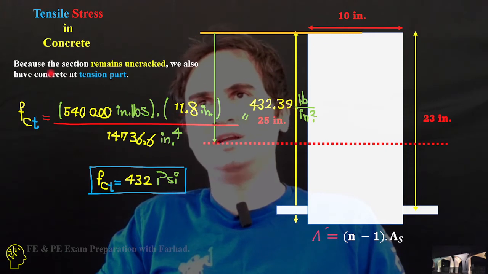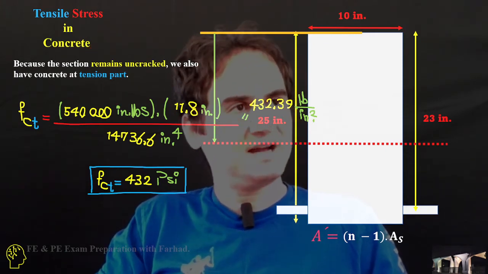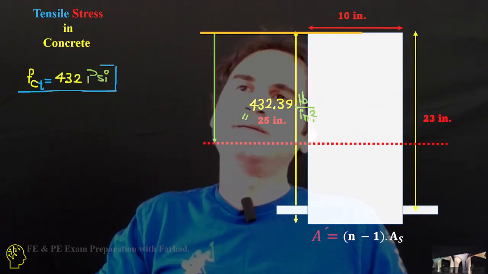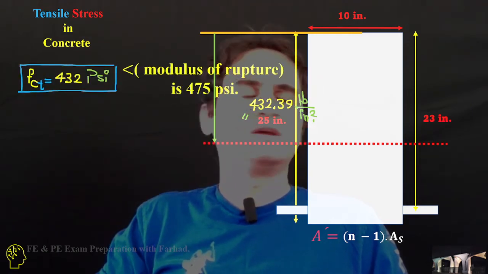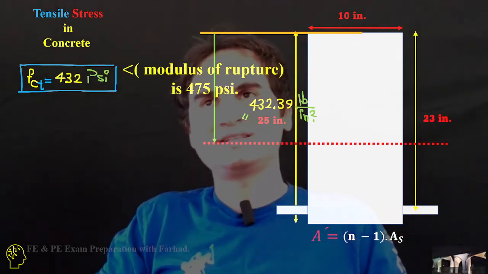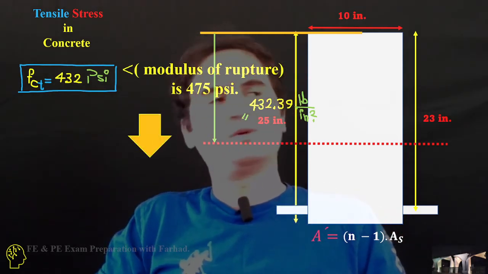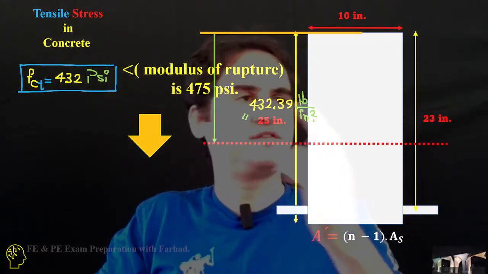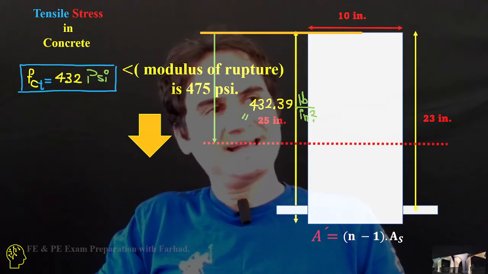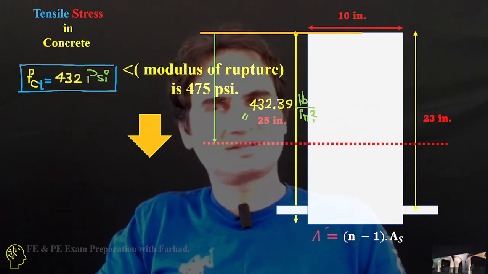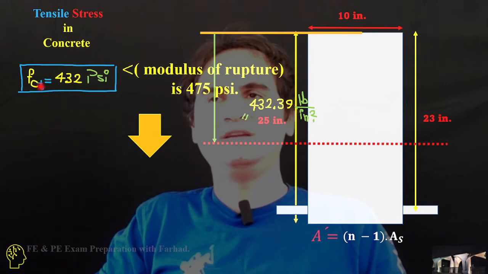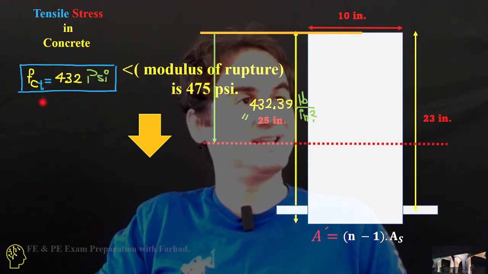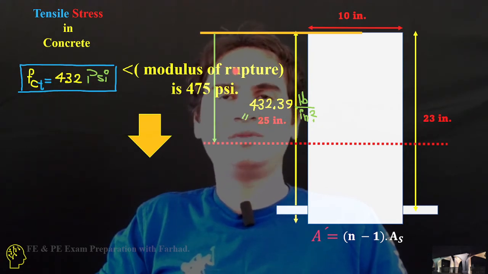Let's review the tensile stress in concrete. We first make the assumption of the first scenario, which is the elastic domain and an uncracked section, and that holds if the tensile stress in concrete FCT is less than the modulus of rupture.